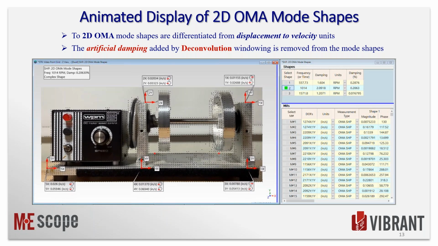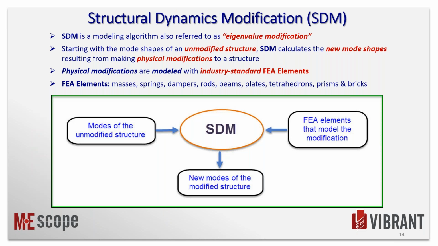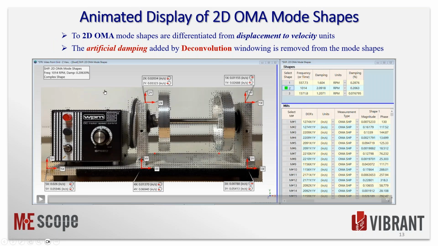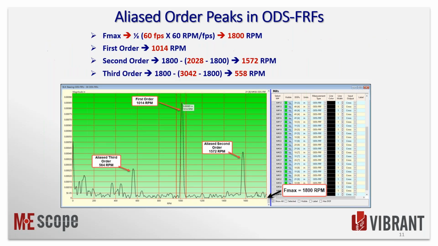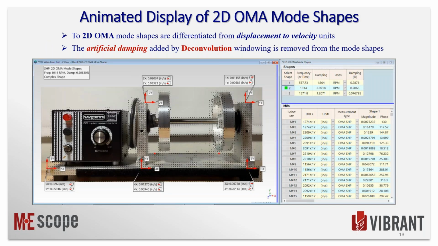All right, so how do we get from 2D to 3D? These mode shapes are just 2D. They're just the structure moving in the horizontal and vertical in the frame of the video. So that's all we get with the video. That's another limitation.